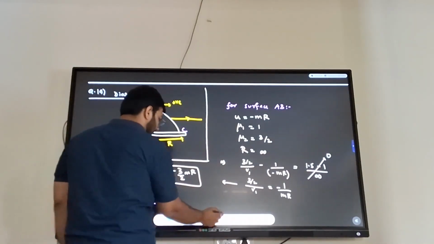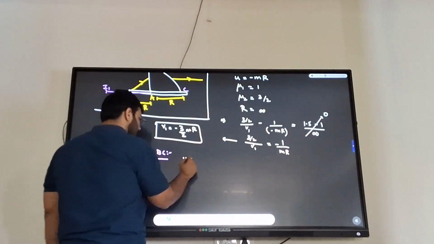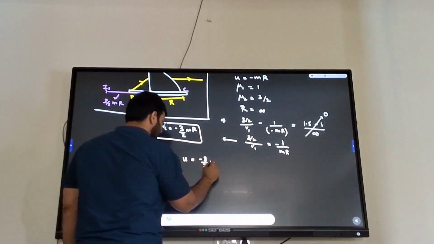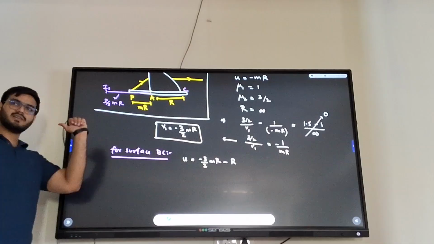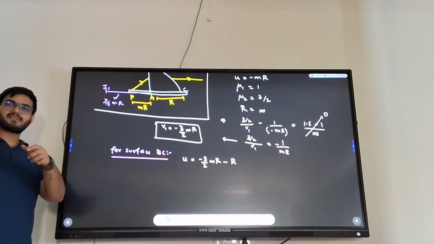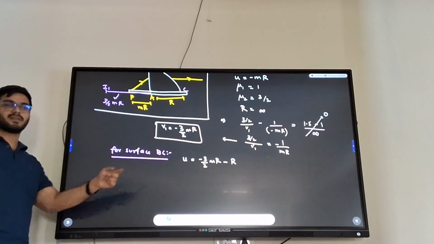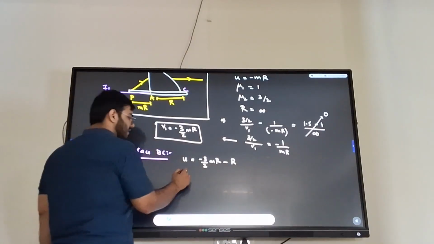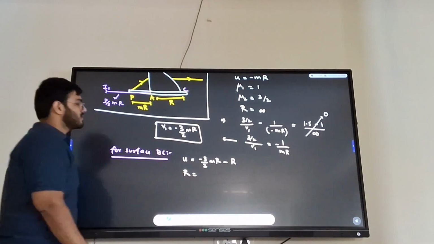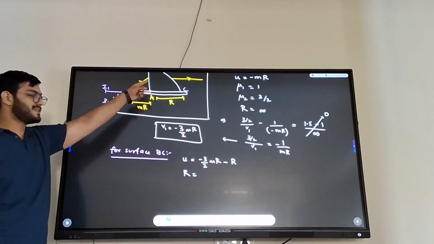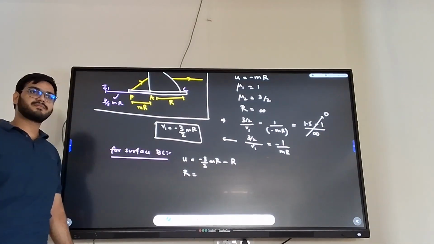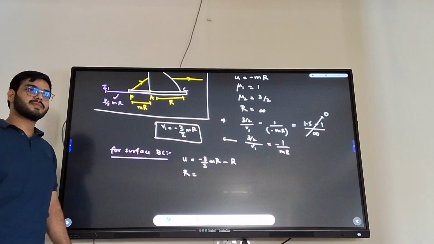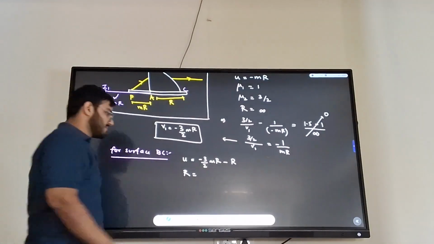So the actual distance should be minus 3 by 2 mr minus R in that direction. No? It's like 3 by 2 mr plus R in the opposite direction, negative sign. Then what will be R for this surface? Plus R or minus R? Should be minus R.